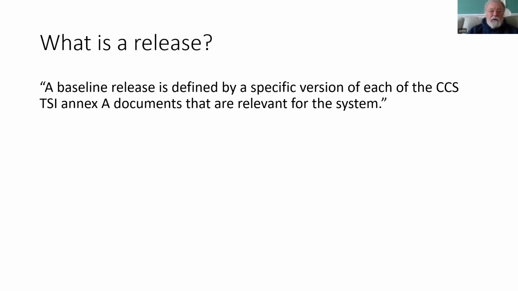What's a release? Well, a release is defined as a specific set of Annex A documents. Now, Annex A to the TSI, or in the UK, the NTSN, is a list of those specifications, the subsets principally, which are relevant to a particular version of ETCS. And a release implements a baseline.